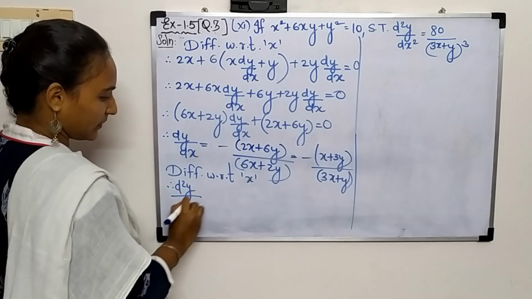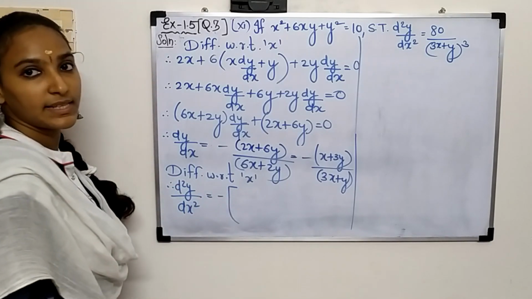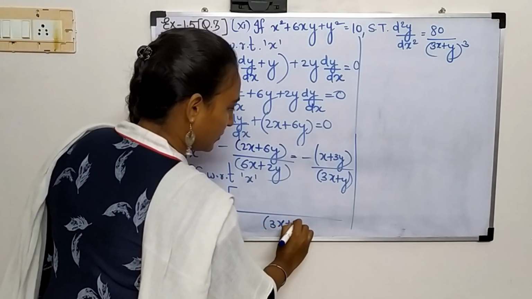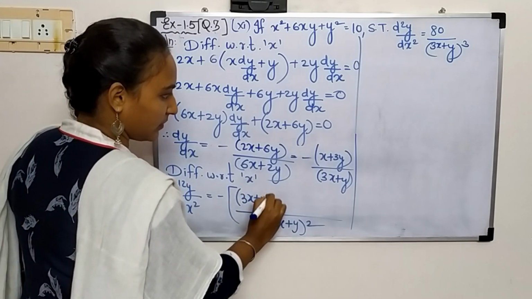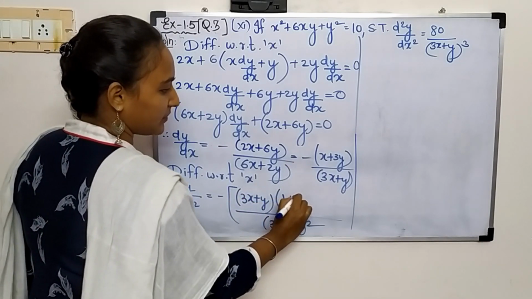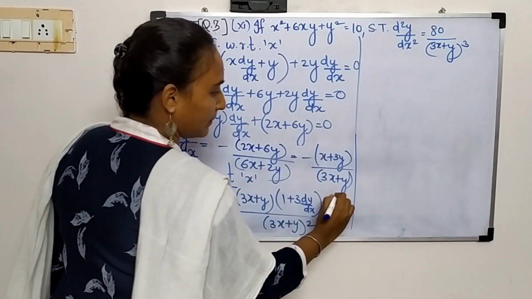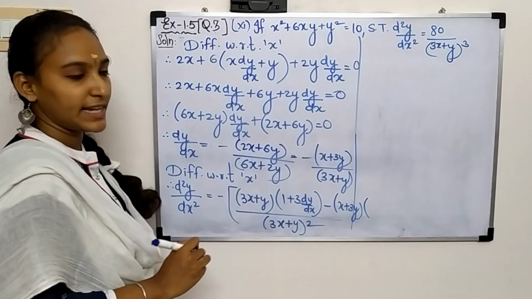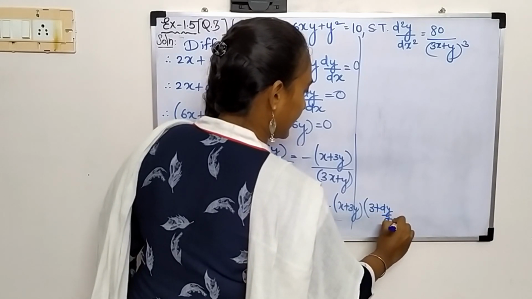Therefore d square y upon dx square is equal to, keep the minus sign outside the bracket, (3x plus y) the whole square, (3x plus y), derivative of x is 1 and 3 dy by dx, minus (x plus 3y), and derivative of 3x plus y is 3 plus dy by dx.